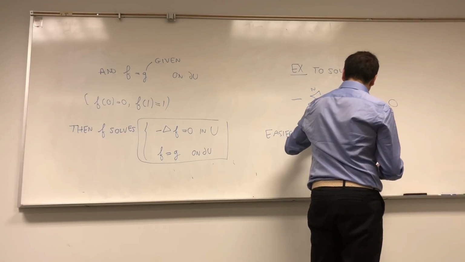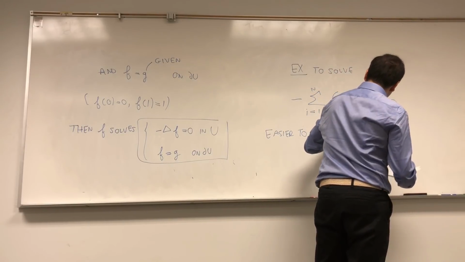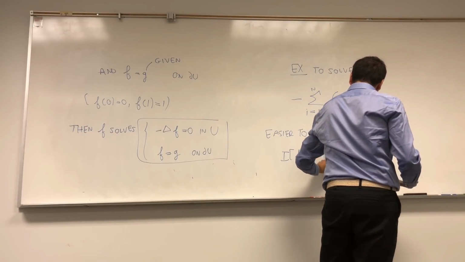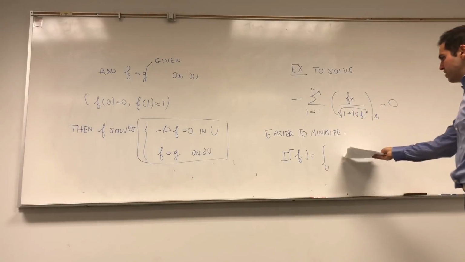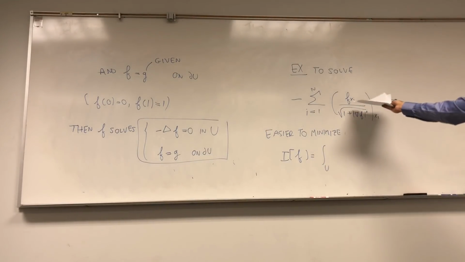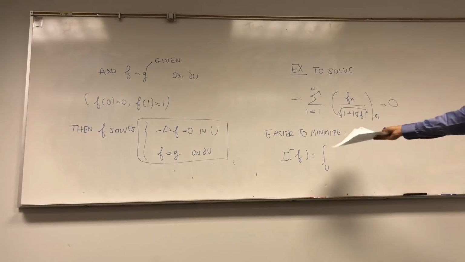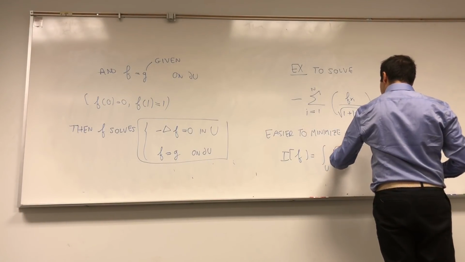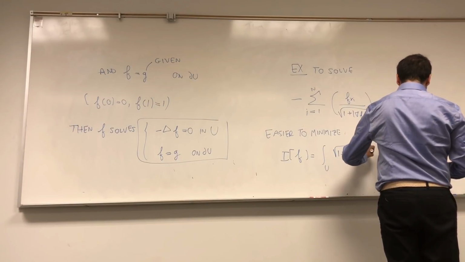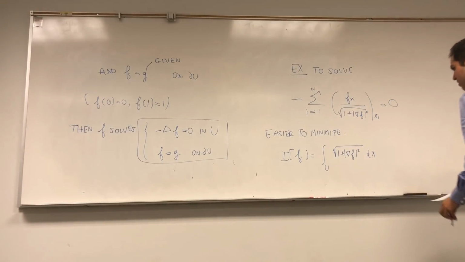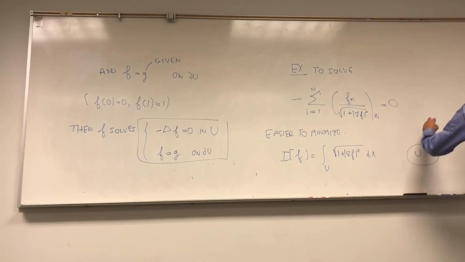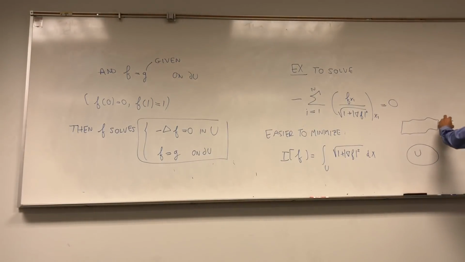Easier to minimize the following one. I of f is, again, it turns out if you take the following minimizer and you find the Euler-Lagrange equation, the functional is just the integral of the square root of 1 plus gradient of f squared dx. And if you remember your multivariable calculus, you may recognize this as simply the surface area of the graph of f.